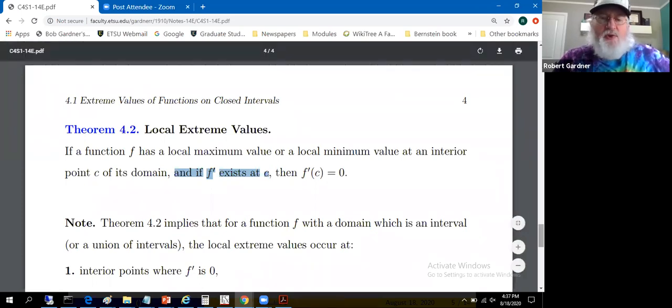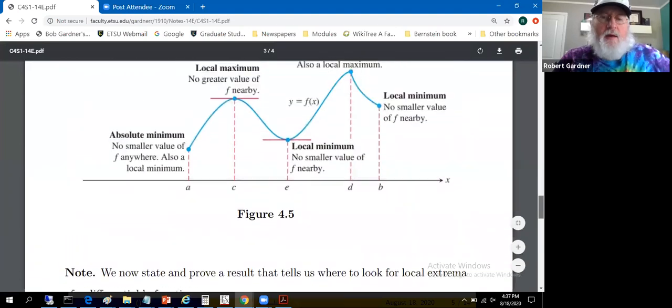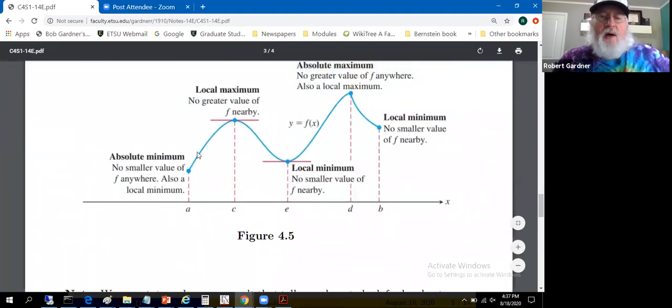Let's look back at the picture we just had. We had interior points of the domain, it says, which means exclude the endpoints. We had a local maximum here, and the derivative is 0. We had a local minimum here, and the derivative is 0. Turns out we had a maximum here, and the derivative wasn't defined. Well, it didn't deal with that.